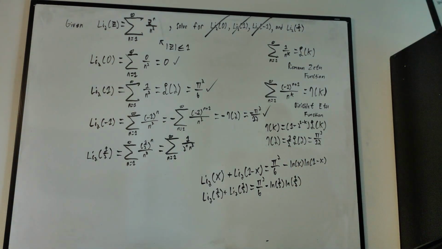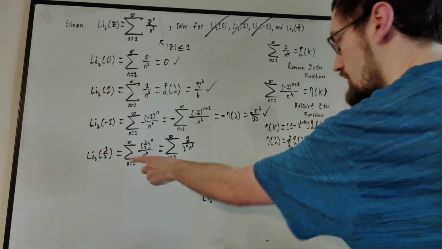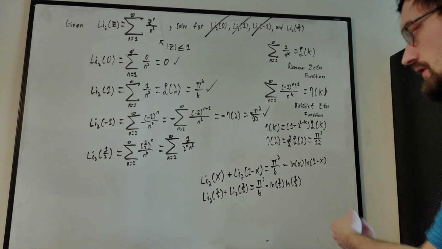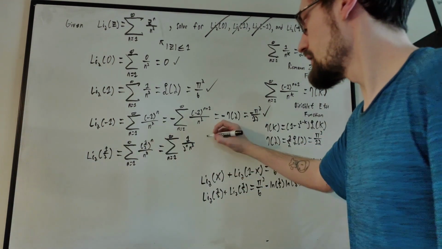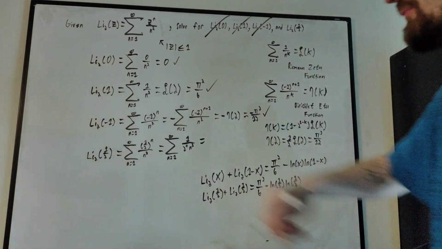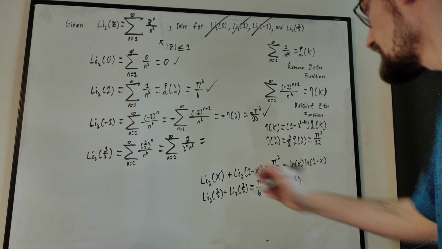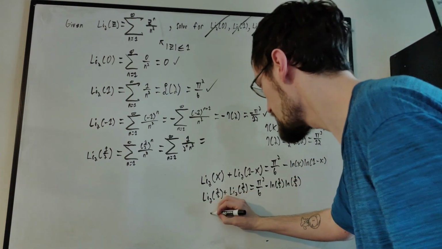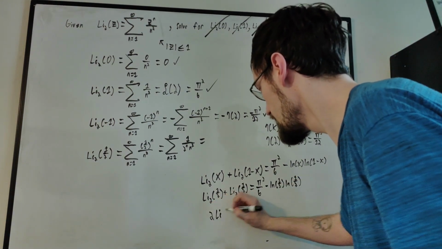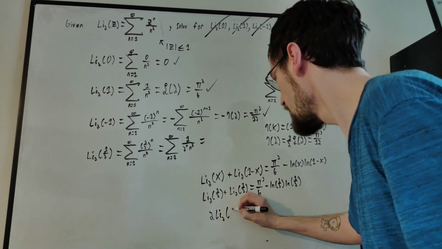And that's what we're left to calculate here to get our final answer. Of course, we're going to have 2 times these functions, so we'll have to divide through by 2 in order to isolate the dilogarithm of 1/2 to get our solution for this problem right here. So let's do that. Right here we have dilogarithm 1/2 plus another of those, so that's 2 times the dilogarithm of 1/2.